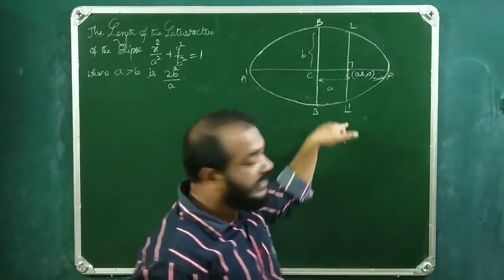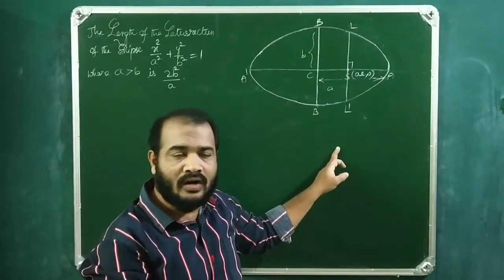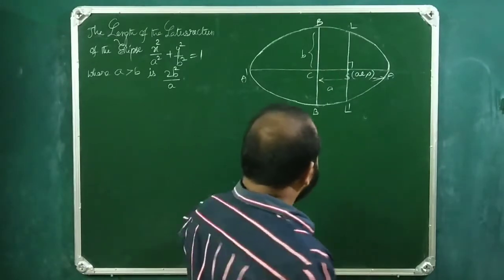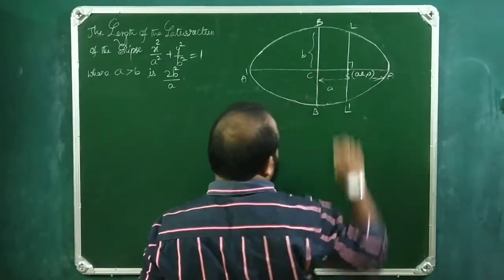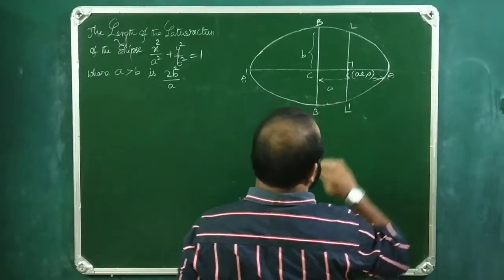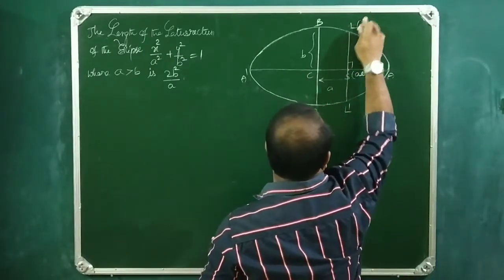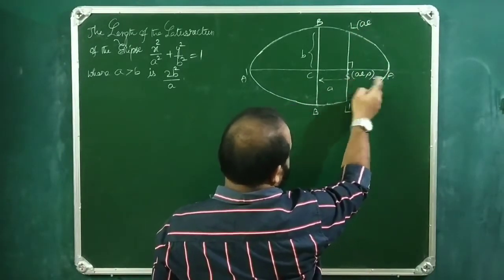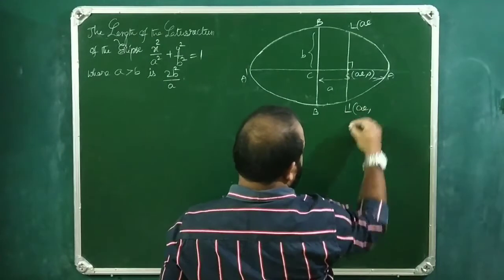L comma L dash are the extremities or the ends of this latus rectum, and since this is perpendicular to the x-axis, the x-coordinate is AE.